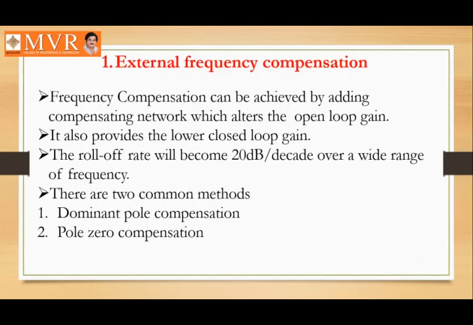So what is this external frequency compensation? It can be achieved by adding a compensating network to the operational amplifier. That means we add passive components to the operational amplifier such that the frequency response of the amplifier is improved.